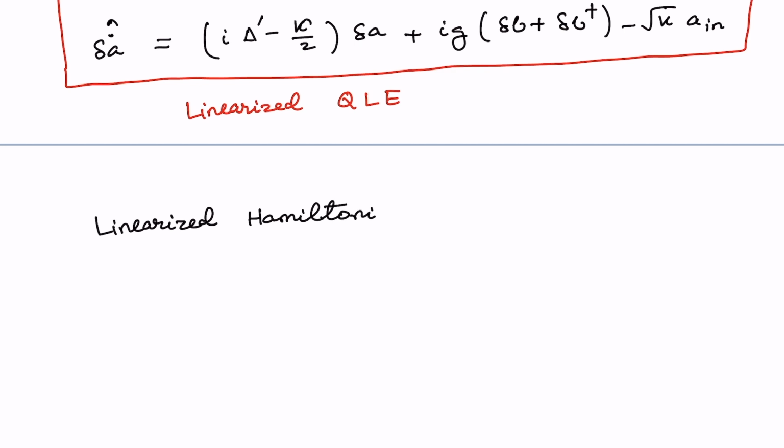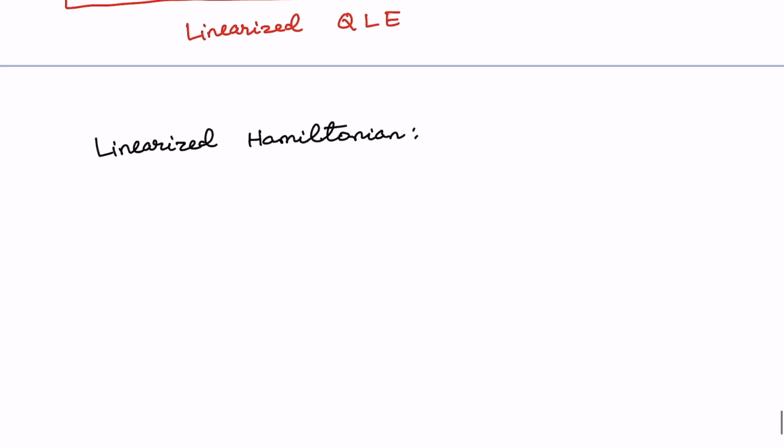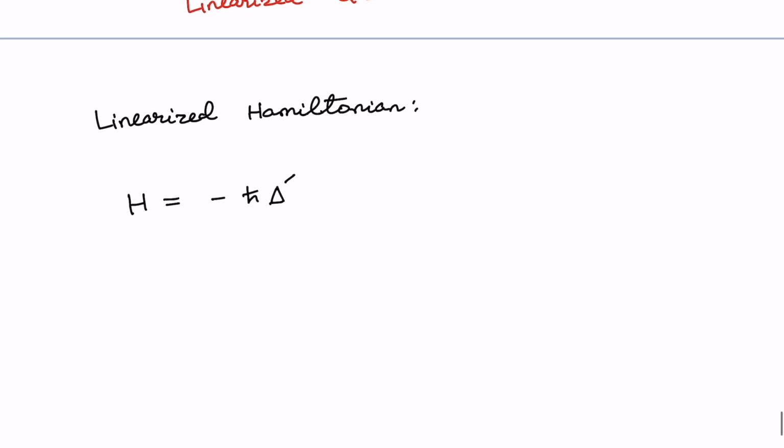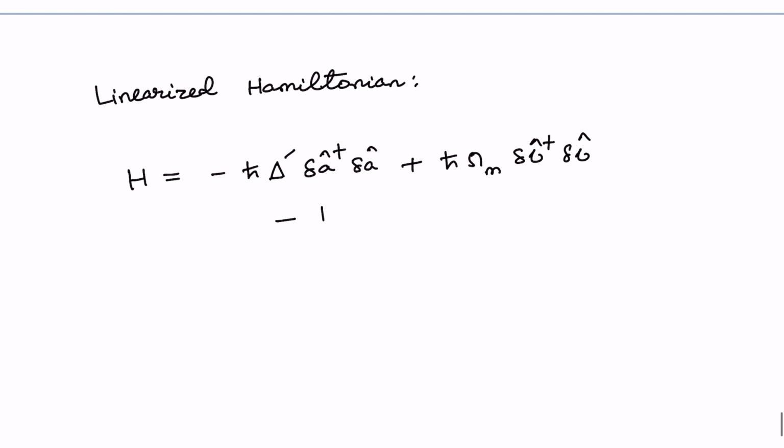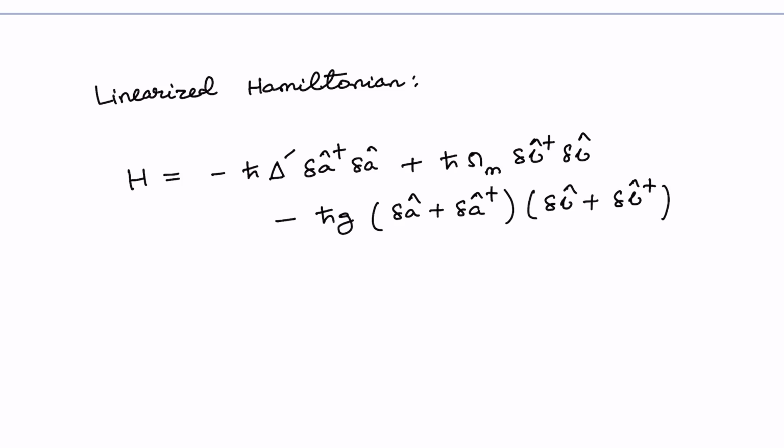So the linearized Hamiltonian can be written as H is equal to −ħΔ' δa†δa, where Δ' is now the effective detuning parameter, plus ħω_m δb†δb, minus ħg(δa + δa†)(δb + δb†).